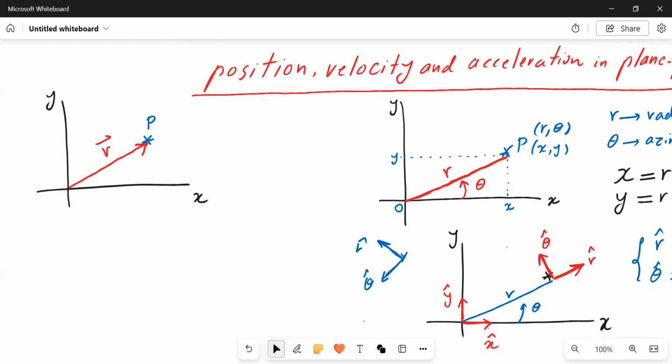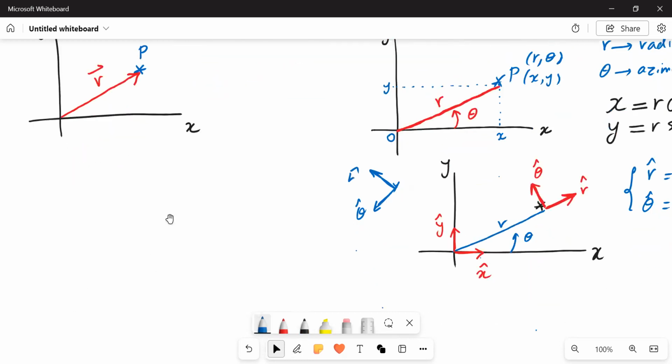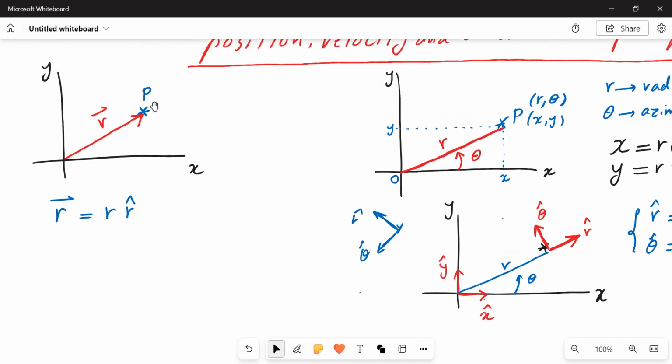And since this is along the radial direction, I can write down the position vector in this form. You can say that r is nothing but the radial distance times its direction, which is along the radial unit vector.